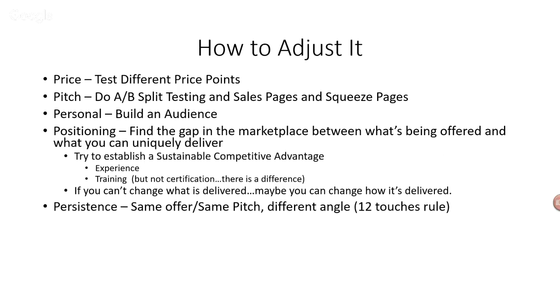Persistence. In other words, same offer, same pitch, different angle. So again, it's been said. Now, when I did offline PLR, one of the things that got discussed among consultants, and I think this is true, is that a business owner is probably going to need to see and hear something 12 times before it gets into their brain that this is an offer. So if you stopped at the fact that you sent them an email, it isn't that they don't want what you have.